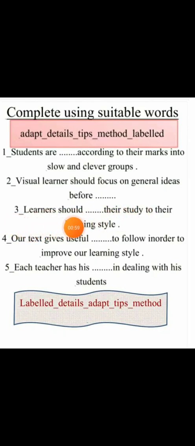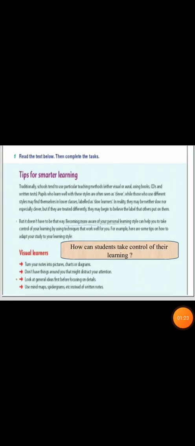Learners should adapt their study to their learning style. Number 4. Our text gives useful tips to follow in order to improve our learning style. Number 5. Each teacher has his method in dealing with his students. These are the answers. Now let's go to our text.